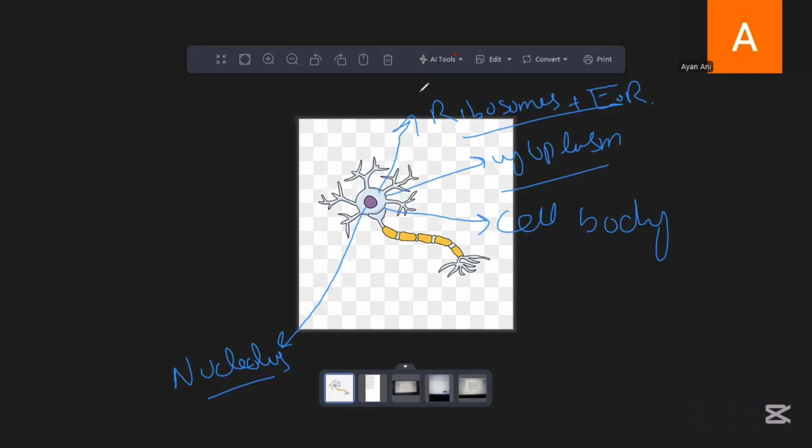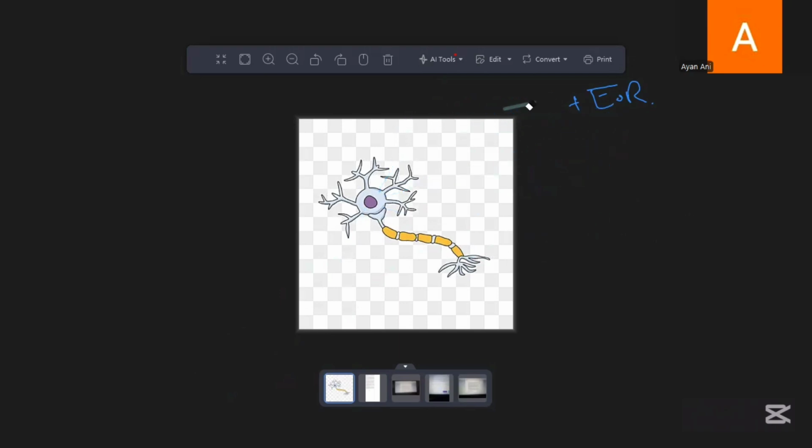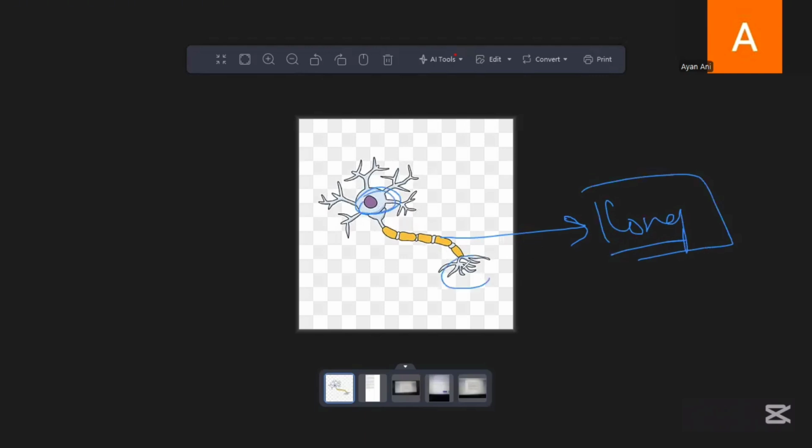Moving on to the next, we have the axon fiber, as you can see, the last portion in the neuron. The axon fiber is a long thread-like structure, and its main function is to transmit impulses from this region, the cell body, to this region, which is called the knob region.